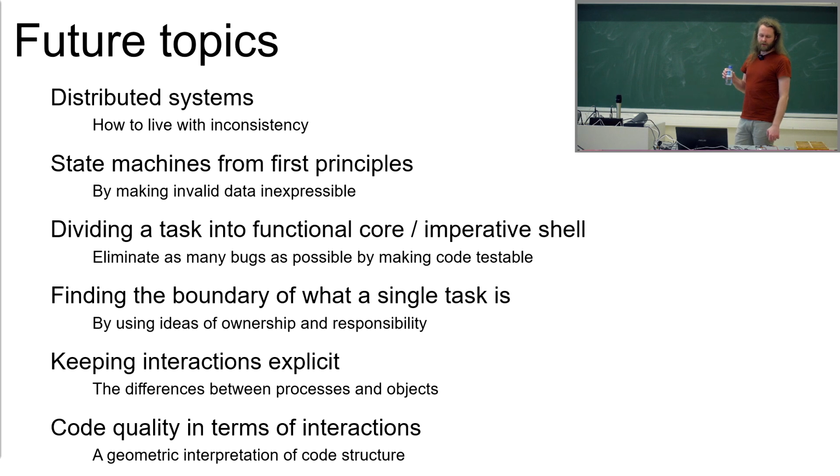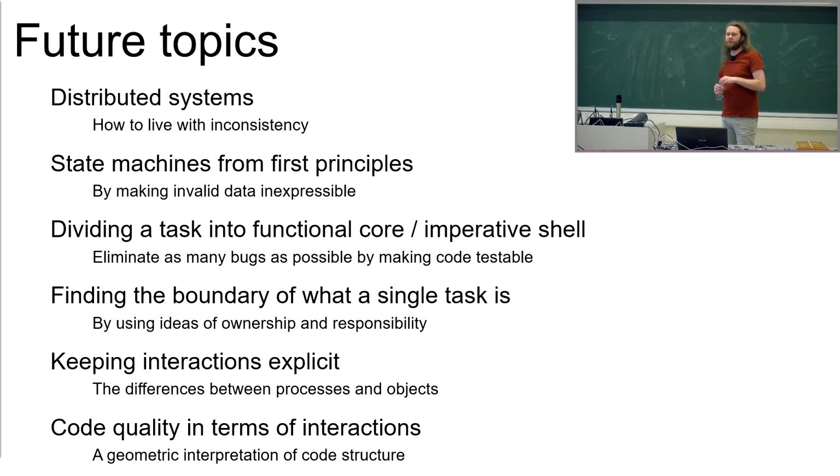And the final parts, probably going to be multiple parts, is going to be code quality in terms of interactions. And we're actually going to analyze code quality in terms of its geometry. We're actually going to take the code on the page, and we're going to draw color in parts, and we're going to draw lines between them, and we're going to analyze code quality from that angle. I haven't seen anyone do this anywhere else.